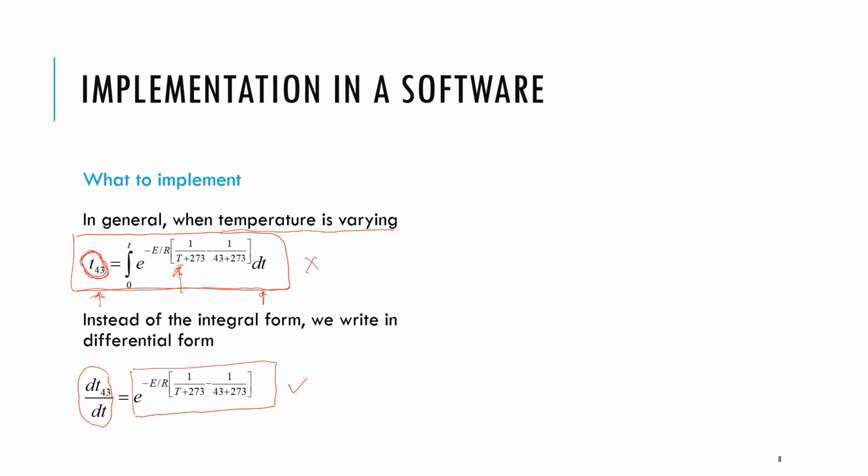And that can be done very easily in any software. If the software has an ODE solver, as for example in COMSOL, the ODE solver can directly implement a simple ordinary differential equation like that.